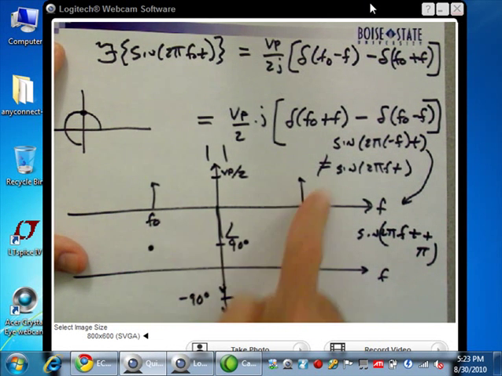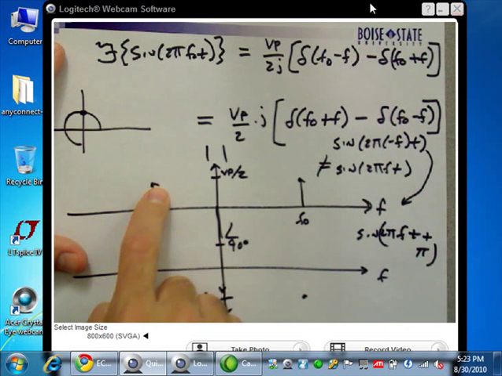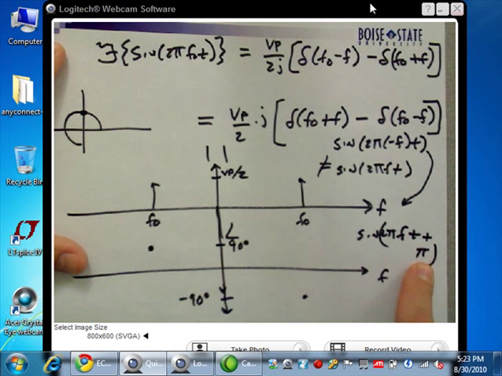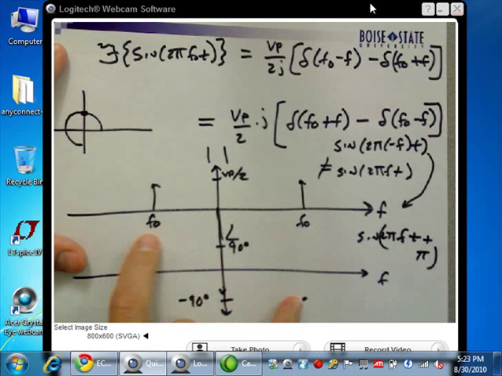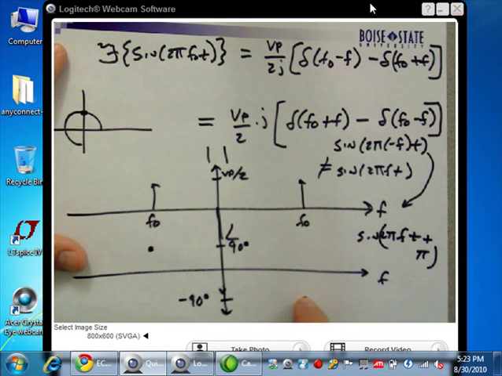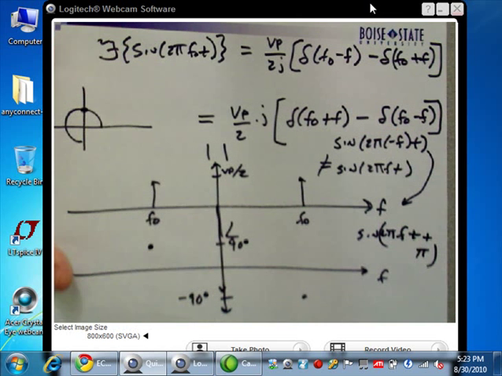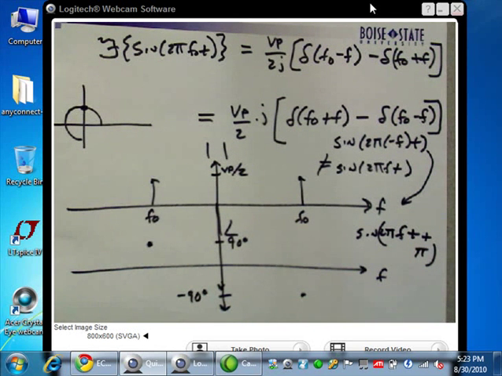Well, I can draw this signal over here in the negative, and negative frequencies is just a phase shifted positive frequency signal. So now if I do that and I add the signals, well, okay, the phase shift between here and here is 180, but I still don't see how I can draw a 180 degree phase shift. I might be able to get away with drawing the minus 90 or something like that, but it's really not correct. So that's why we won't draw the one-sided phase response. Alright, are there any questions on that?